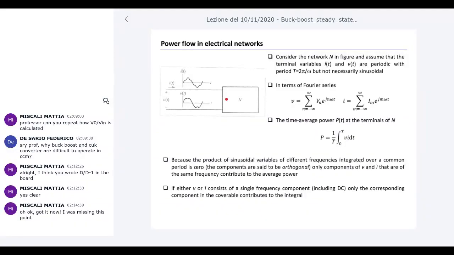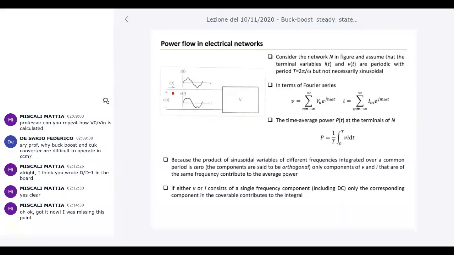So, consider a network, and the network in this slide is called N. This network has an input port. These are two terminals, and across this terminal you have a voltage, which is called vT, and to this terminal flows a current, which is called iT.